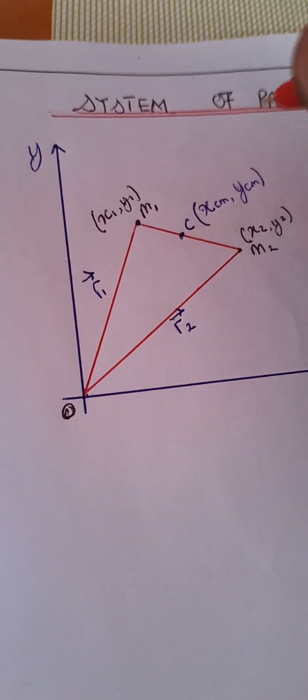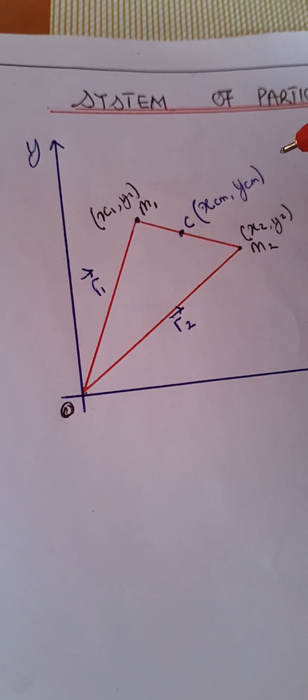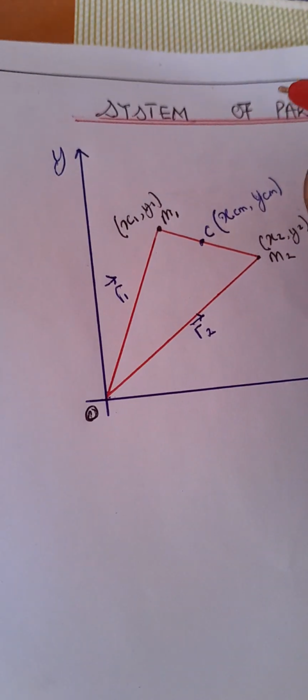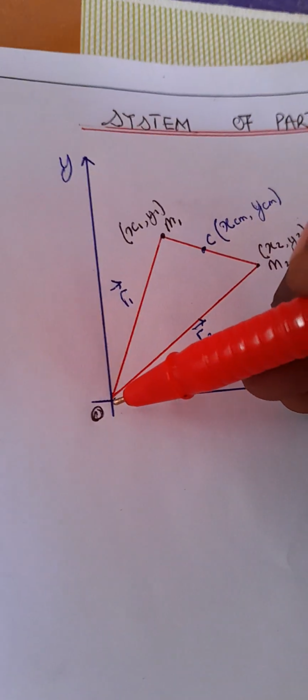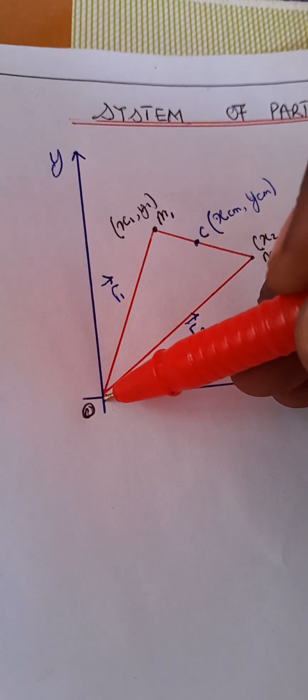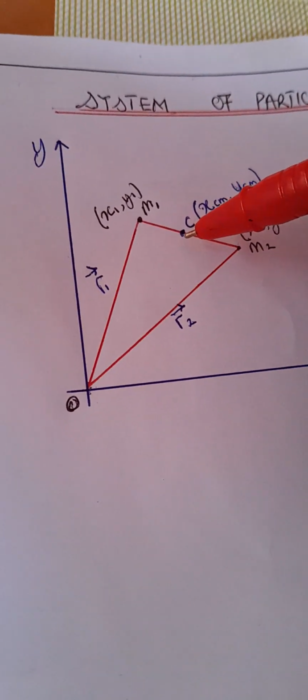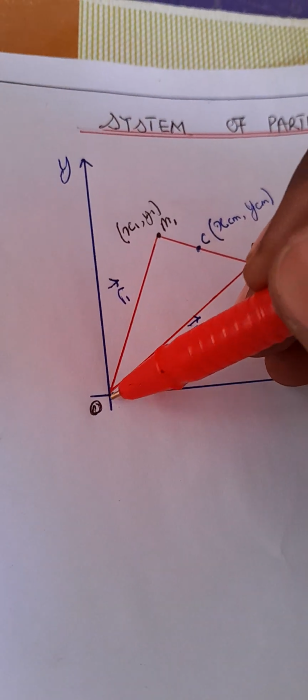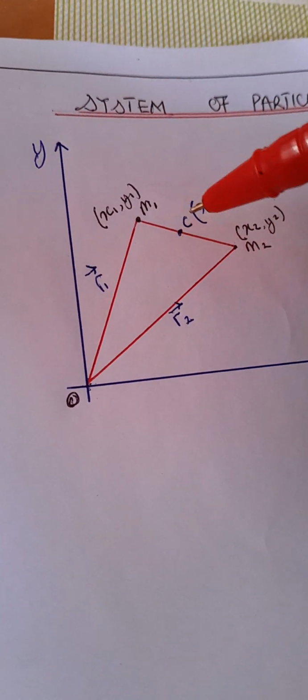That is the center of mass with respect to the y-axis. So I'm going to call the displacement from the origin to C the resultant. I'm going to draw a line from here to here, and label it too. I'm going to call this RCM, and it's also a vector quantity.